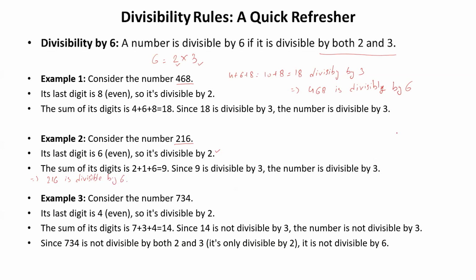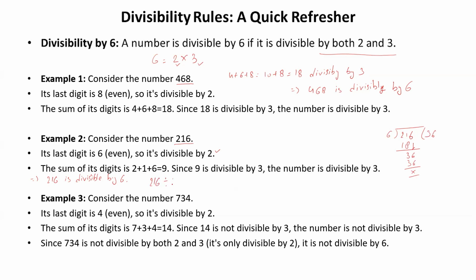Just do the division and check. Let me do it for you quickly. 216 divided by 6. So 6 3s are 18. What will you get? You will get 3. Take 6 down. In 6 times, you will get 36 and remainder is 0. So, it is actually divisible by 6.